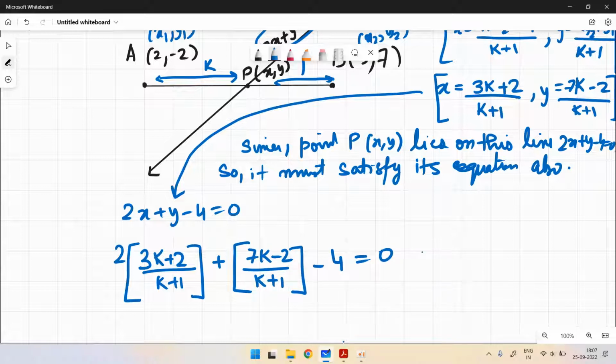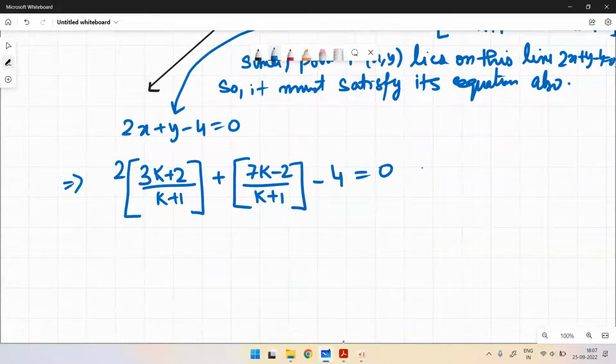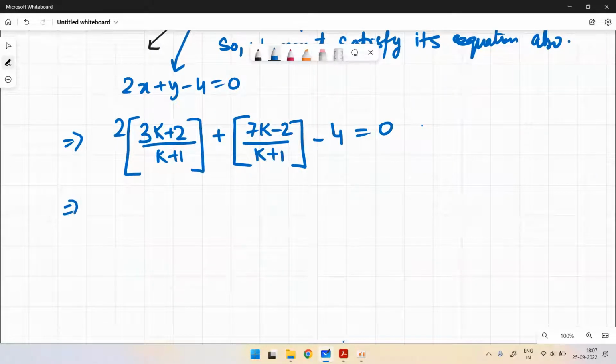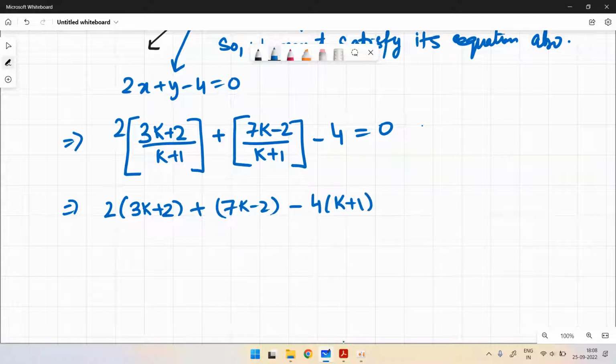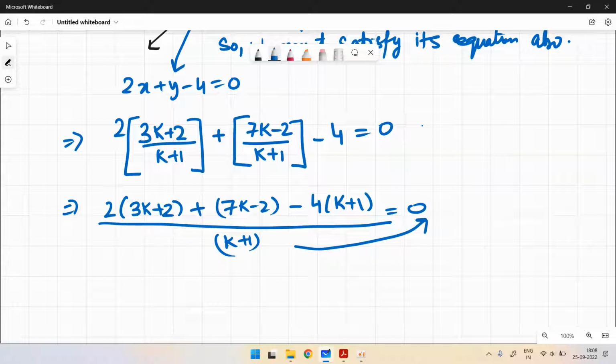Now I'm taking the LCM as k + 1, so this will be 2(3k + 2) + (7k - 2) - 4(k + 1) over (k + 1). On the other side it will be 0.